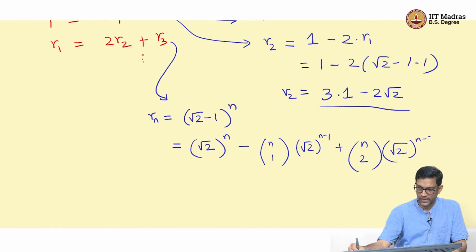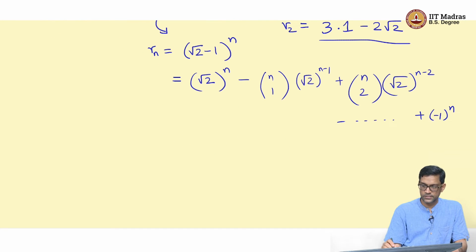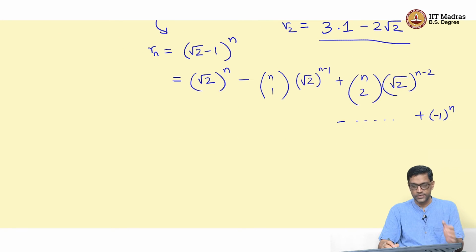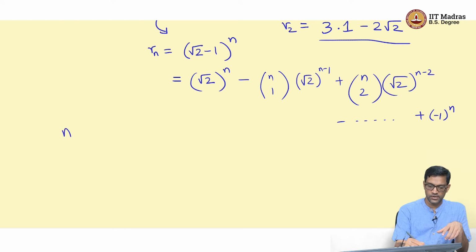So, I actually have an expression, so plus last term is minus 1 power n. And now observe that this expression that I have written here is actually some linear combination of root 2 and 1. So, for example, the two cases you need to look at are if n is even or odd.